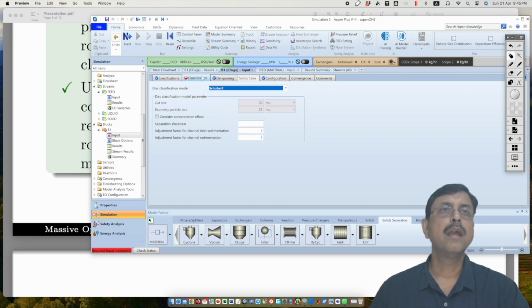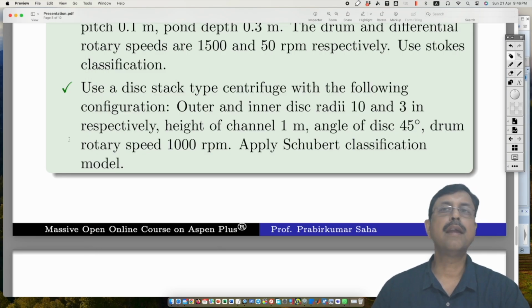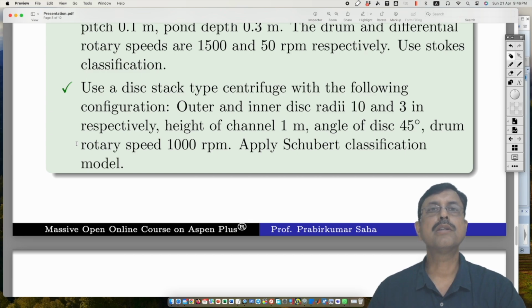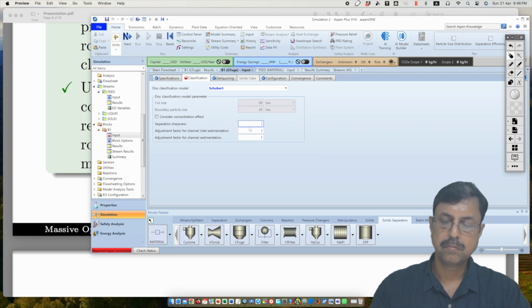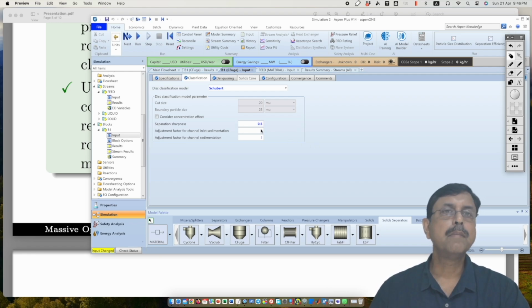Okay. And Scuba separation sharpness, nothing is said about separation sharpness over here, but let us use 0.5, say, or maybe 0.75. 0.5 might be very low. Okay, run it.